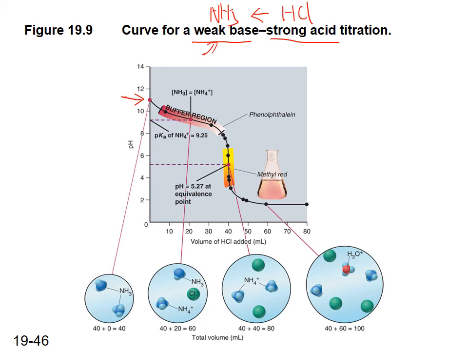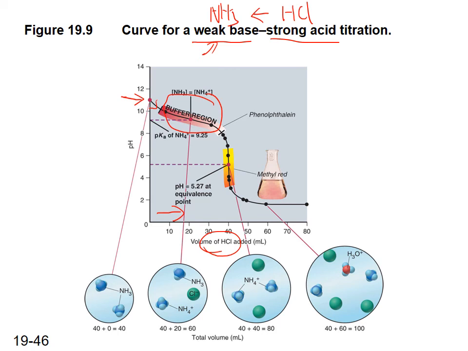When hydrochloric acid is added, as you increase the volume, the pH value decreases slowly, entering the buffer region, just like the weak acid, strong base titration.